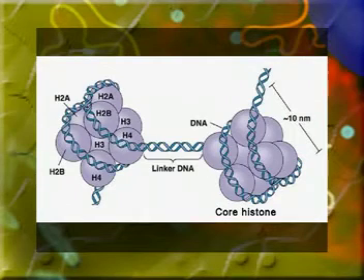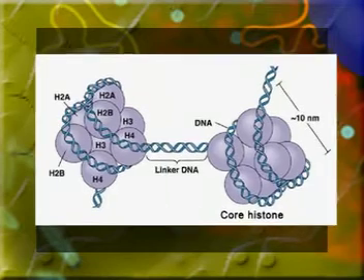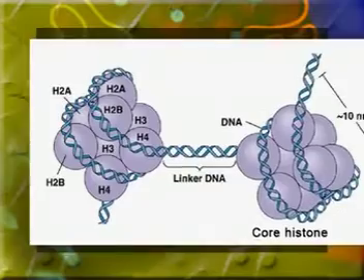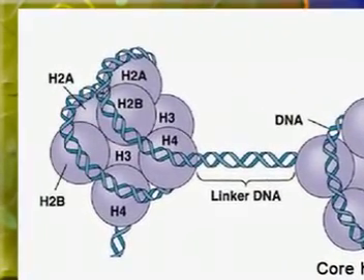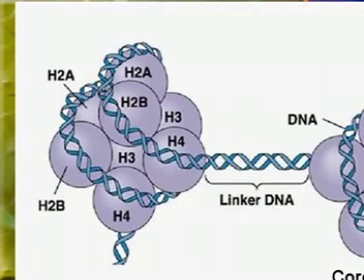The nucleosome contains about 200 base pairs of DNA wrapped in a left-handed superhelix around a histone octamer that consists of two copies each of the histone molecules H2A, H2B, H3 and H4. These are known as the core histones.